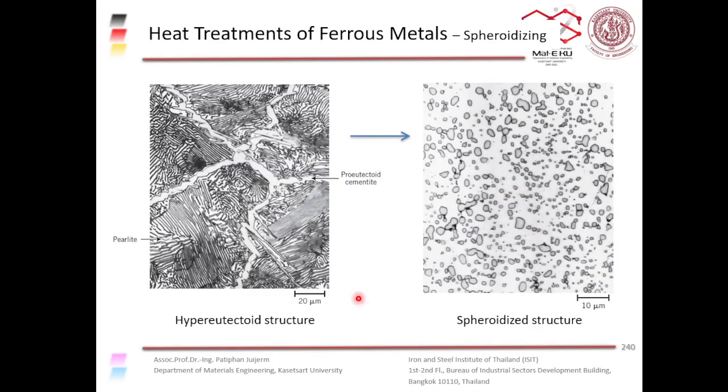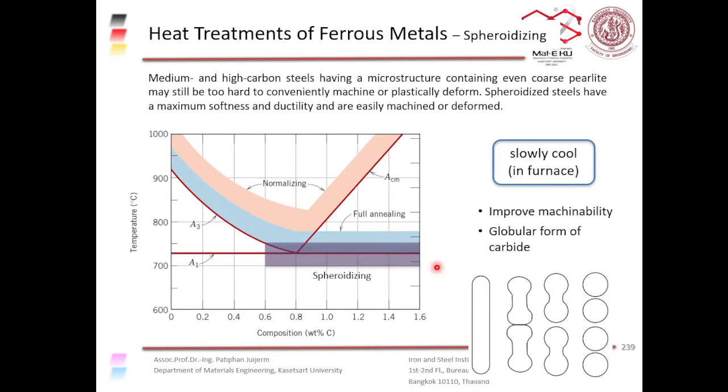Because of that, it feels a little bit softer, right? So when you do that, the cementite plates will turn into smaller plates and spheroids in the end.